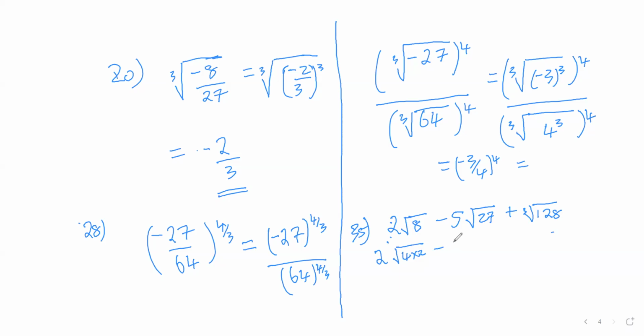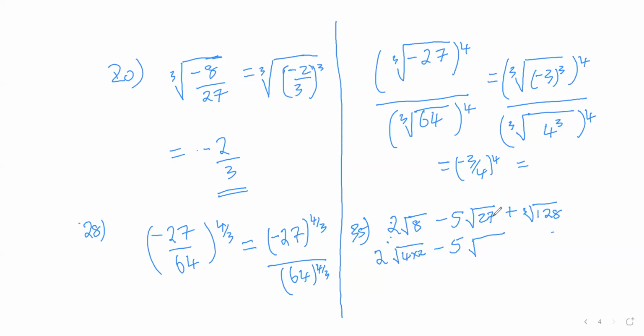Minus 5 times square root of 27, which also is not a perfect square. By perfect square, I mean a number whose square root is a whole number, not decimals.